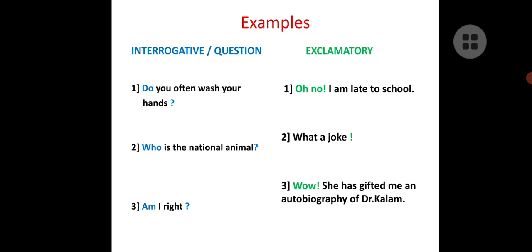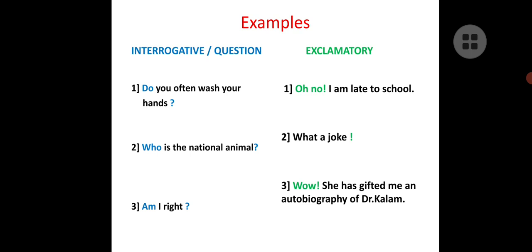Whereas in exclamatory sentence, there is an exclamation mark. So let's read the examples of interrogative sentence. First one, do you often wash your hands? Here you can see the sentence has begun with do. It is an auxiliary and there is question mark at the end.